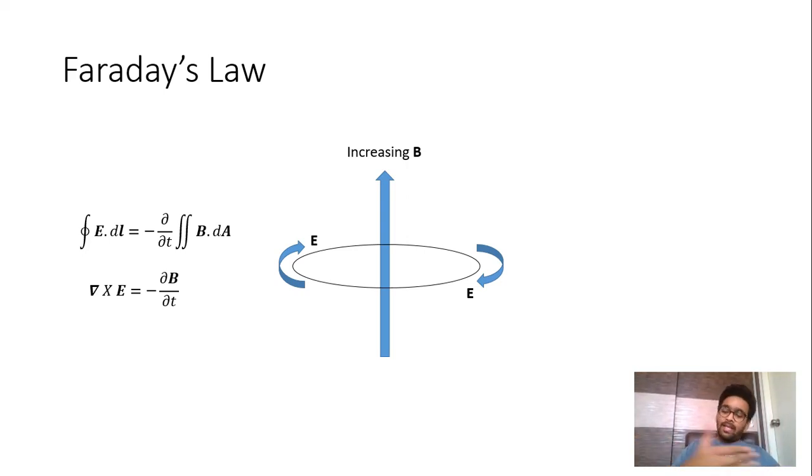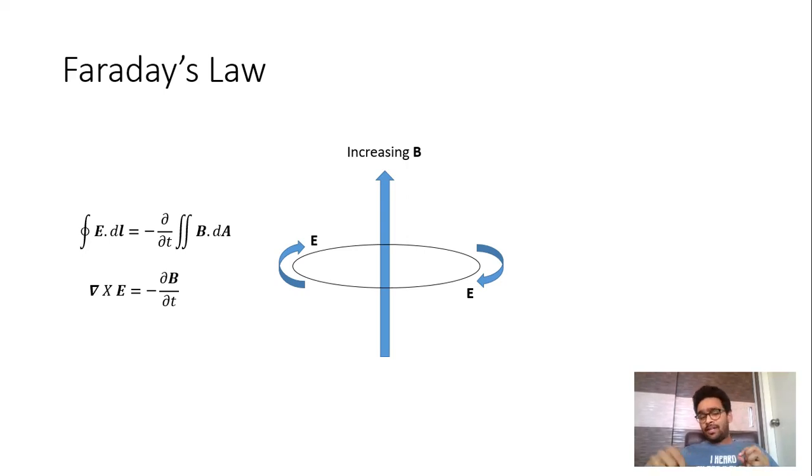Because if you have a changing magnetic field, you will always have a rotation of electric field around it in the perpendicular direction. This was a very good discovery made by Faraday.